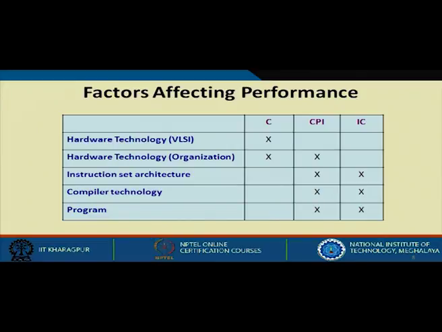Now, instruction set architecture, what factors will depend on it? We have seen one of the ISAs. By instruction set architecture we mean how many kinds of instructions you put in your architecture, how many varieties you put there.